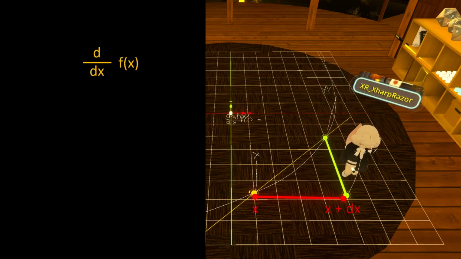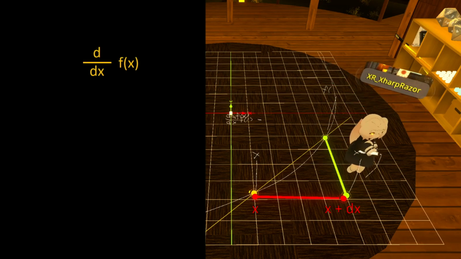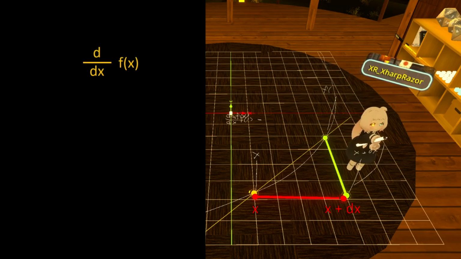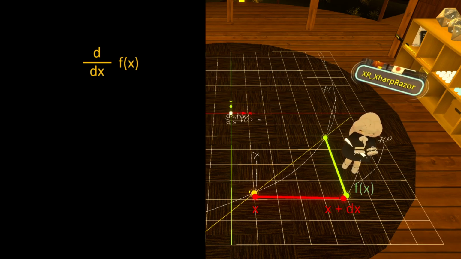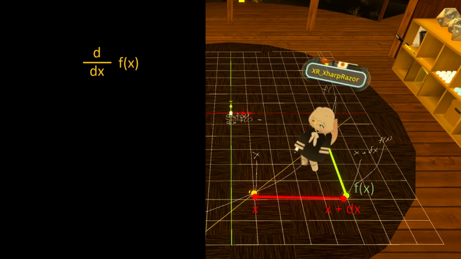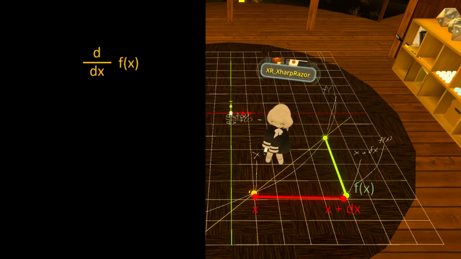Now, the y coordinate over here is actually f of x, because the y value is just the x value put through the function, and then it gives you the y coordinate.